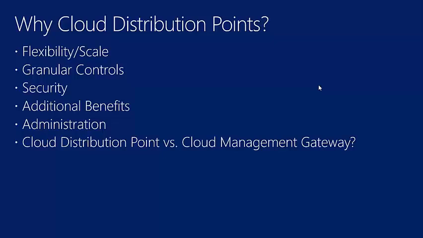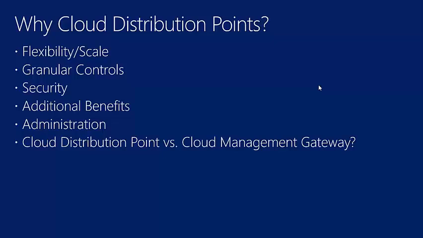We'll call this out a couple of times, but there's a cost associated with the cloud distribution point. It is a cloud service, so being able to specifically set the audience that might use it is one of those controls. We also have thresholds that will help you define and visualize what kind of content is coming out.